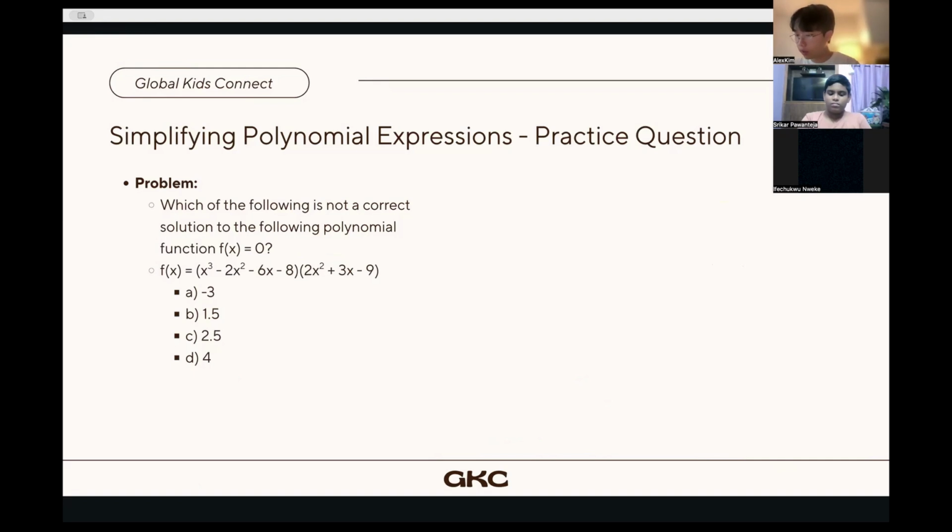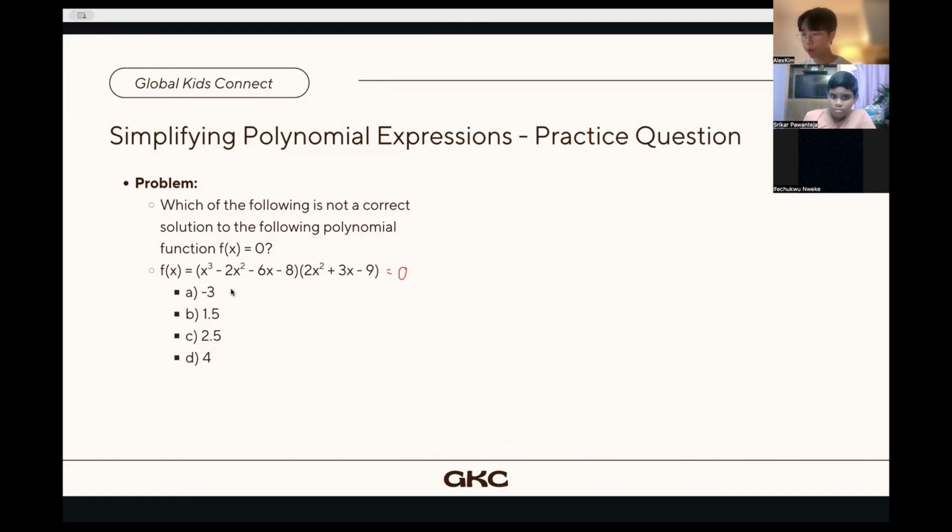We'll just move on to our second practice question, which asks which of the following is not a correct solution to the following polynomial equation. The question says when f(x) is equal to 0, and so when this complex polynomial is equal to 0, we need to find a solution that is not correct.